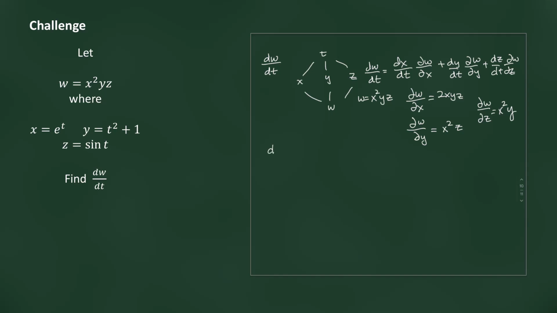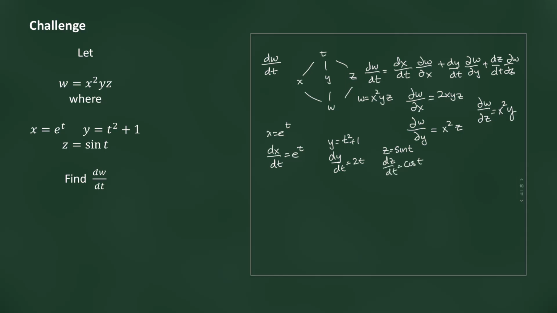Then we'll look at dx/dt. Since x is equal to e to the t, dx/dt is e to the t. Since y is t squared plus 1, dy/dt is 2t. And since z is sine of t, dz/dt is cosine of t.